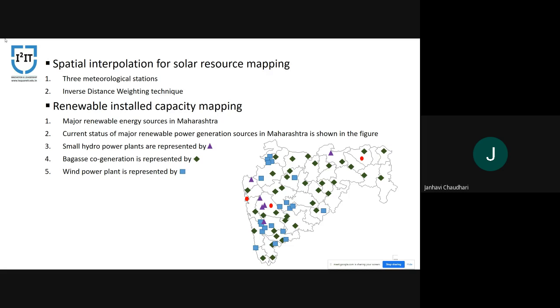In the field of green energy, the major renewable energy sources in Maharashtra are wind energy, small hydropower plants, and bagasse cogeneration plants, with a small contribution of waste to power plants and bagasse. 31 sites of wind power generation, 39 sites of bagasse cogeneration plants, and 28 sites of small hydropower plants have been identified.